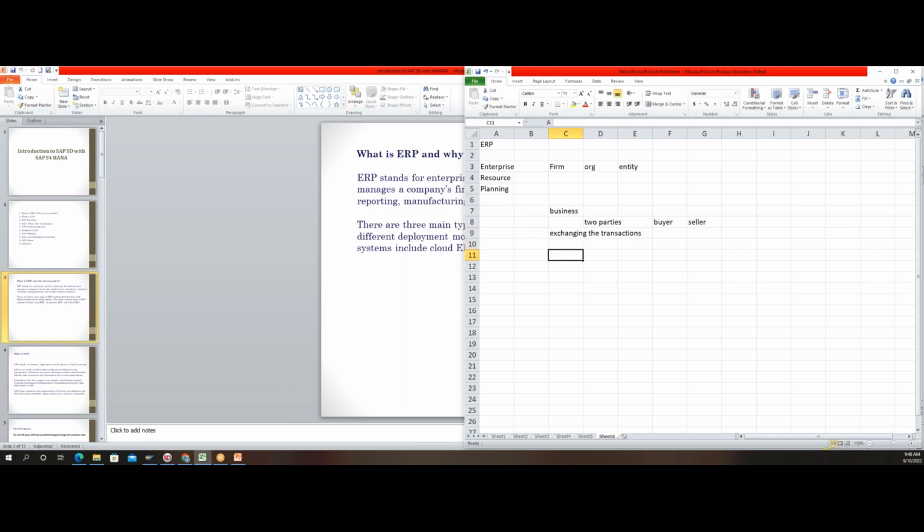Now on a larger scale, in an enterprise, we have a vendor, we have a company, and we have the customer. This is on a larger scale.